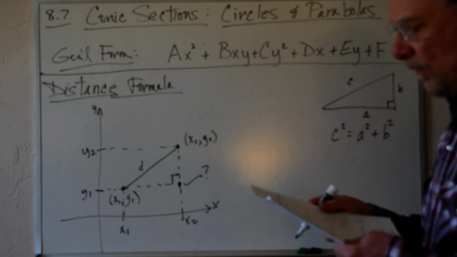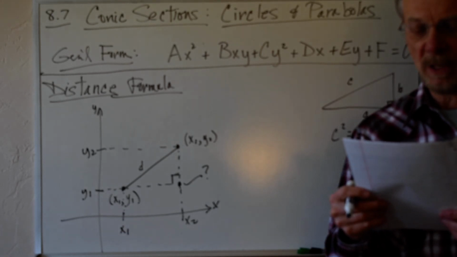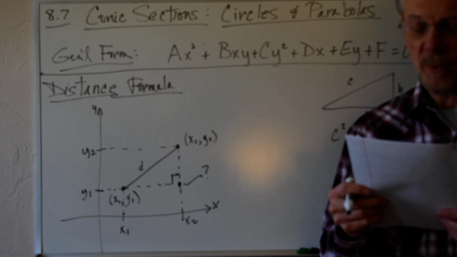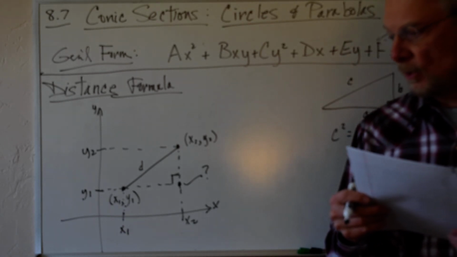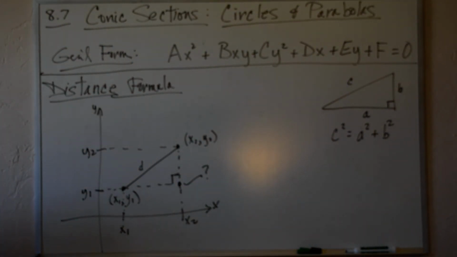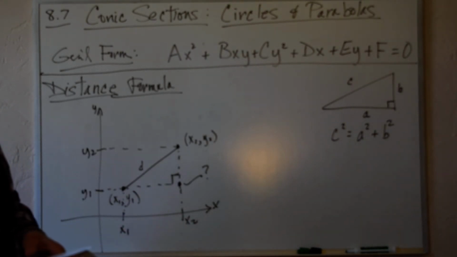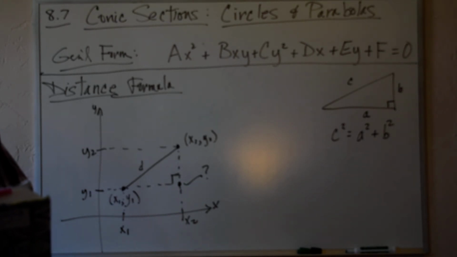Now, if you look on page 641 of your textbook at figure 8.27, you'll see some really nice diagrams, far better than what I could ever draw up here on the whiteboard. Page 641. What those diagrams show, in each of them you see a double cone.